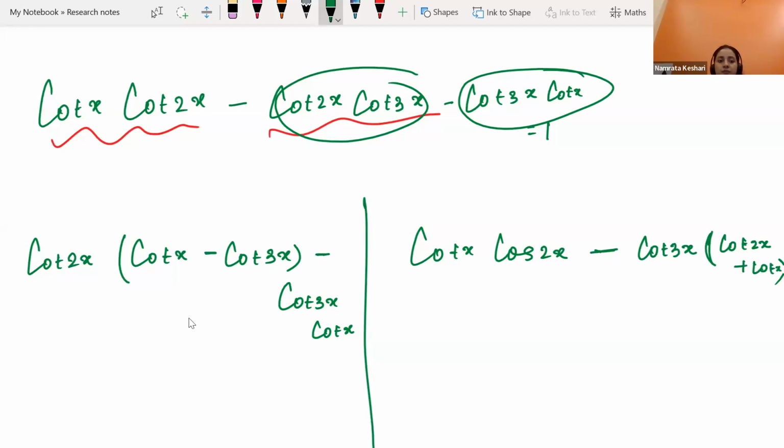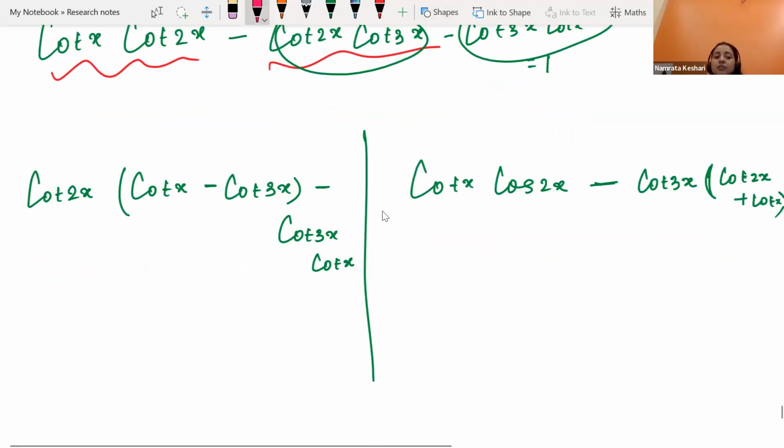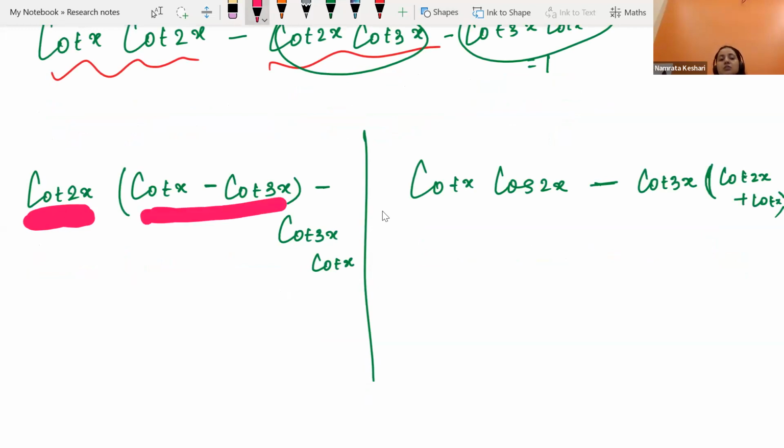Yes. Now, Albina said, can we use the formula? So far we have not discussed the cot 2x formula. Even if I show you the formula, can you realize that it will get so much simplification?